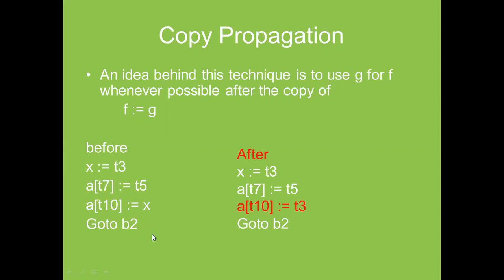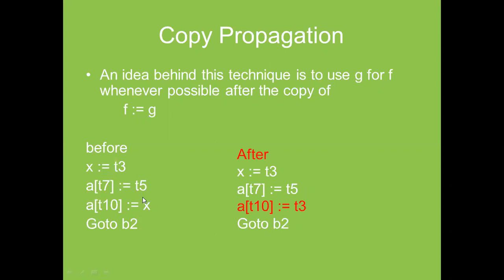But if we apply copy propagation, as written after applying copy propagation, now x = t3, t7 = t5, and t10 = x. Now there is no need to write x again, because we have already used the variable t3.